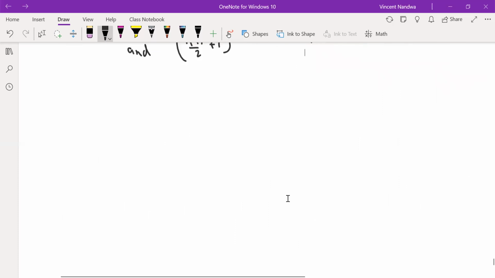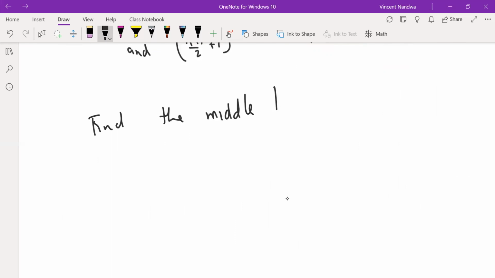For example, find the middle term in the expansion of (2 + y)^5.